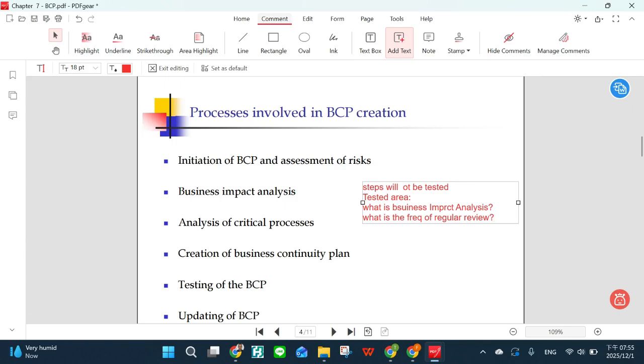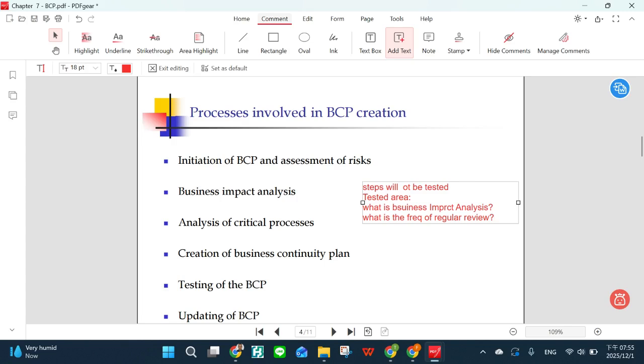But now you have a BCP, you have this SOP. How often do you think? You say regular. There's no right answer. What is regular? One year, ten years, five years, three years? Yearly. Any other frequency? Six months, twice a year, half yearly.